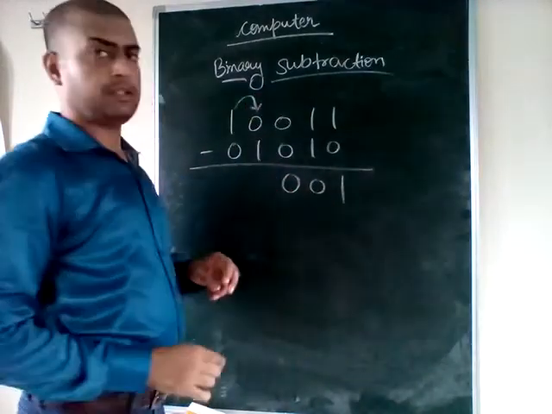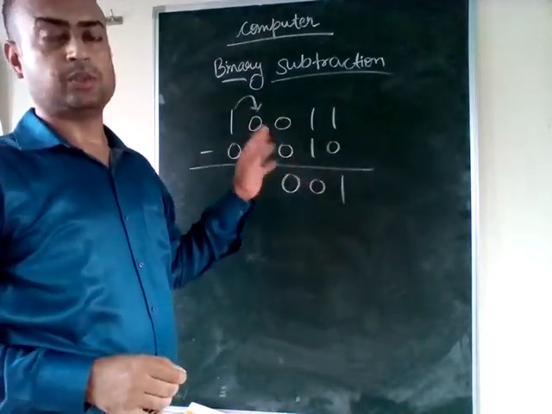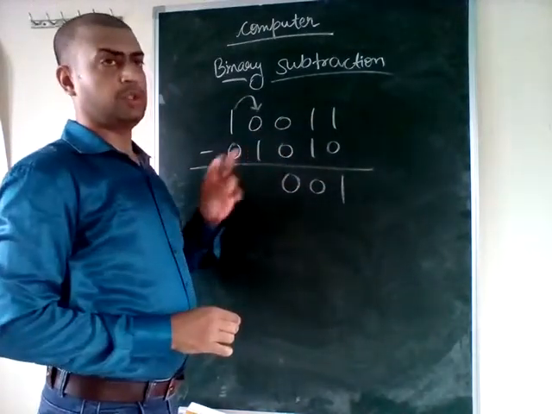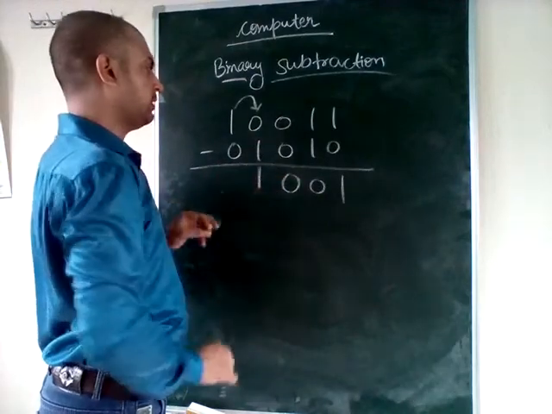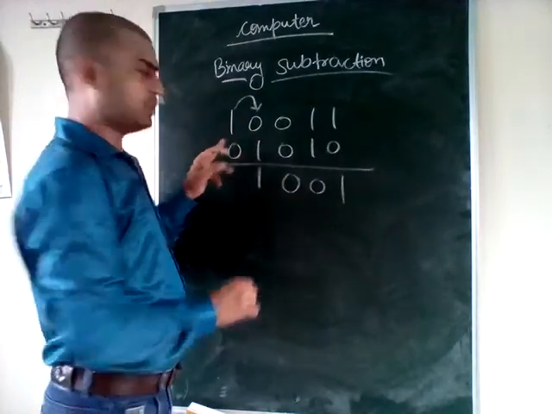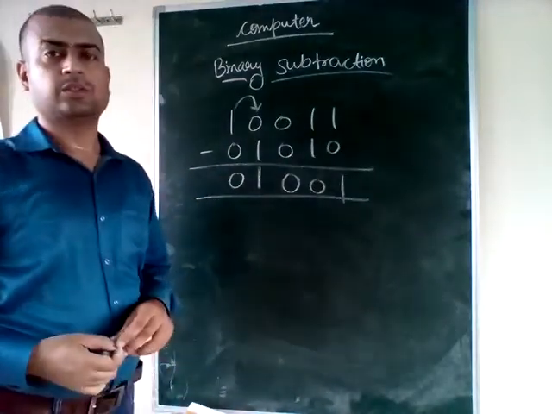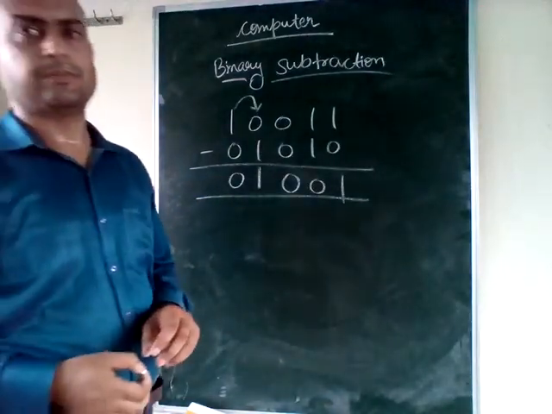Now here we will borrow the number, so it will come 10. 10 means 2, 2 minus 1, 1, and here it will be 0, so 0 minus 0, 0. So this will be the answer of this question. Note it down.